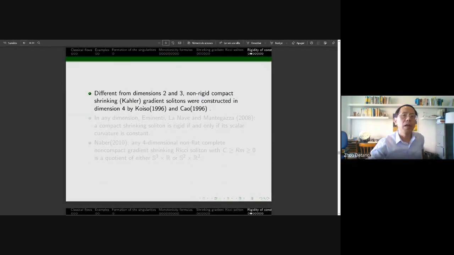It was constructed by Koiso and Huai-Dong Cao: in the four-dimensional case, a shrinking gradient Ricci soliton has non-constant scalar curvature.